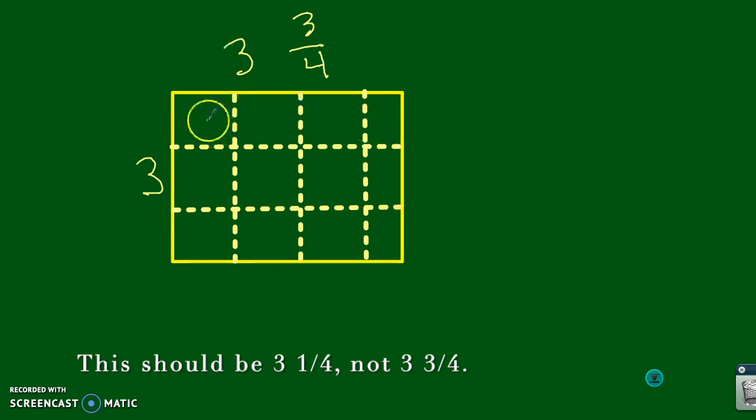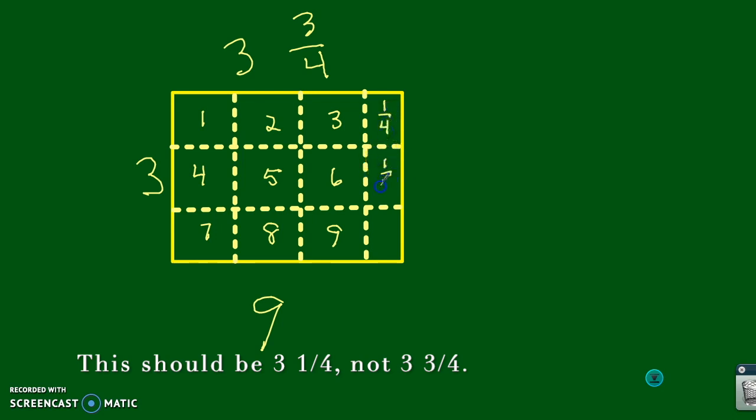So counting the whole squares for this, we have 1, 2, 3, 4, 5, 6, 7, 8, 9. 9 full squares. Then each of these parts is equal to 1/4.